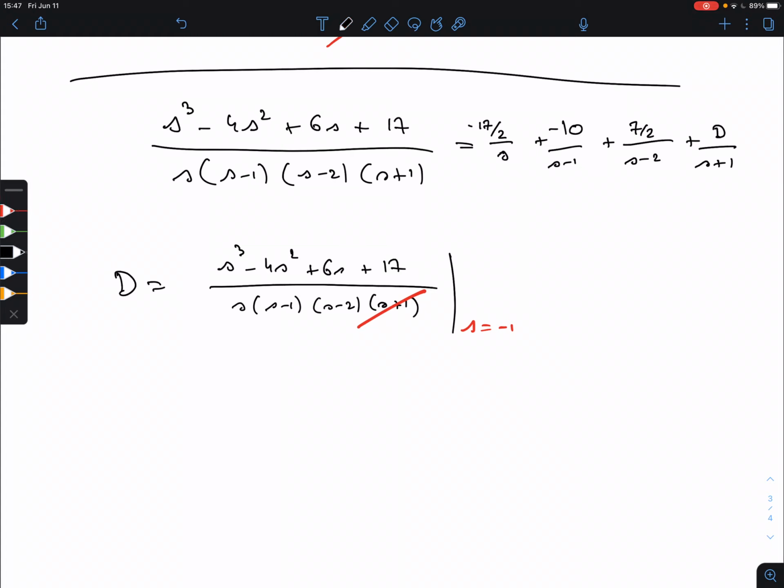If I plug in minus 1, the cube of minus 1 is minus 1, the square of minus 1 is plus 1, so minus 4, minus 6 plus 17, over minus 1 times minus 2 times minus 3. On top I get 6, and in the bottom I get minus 6, so D is minus 1.